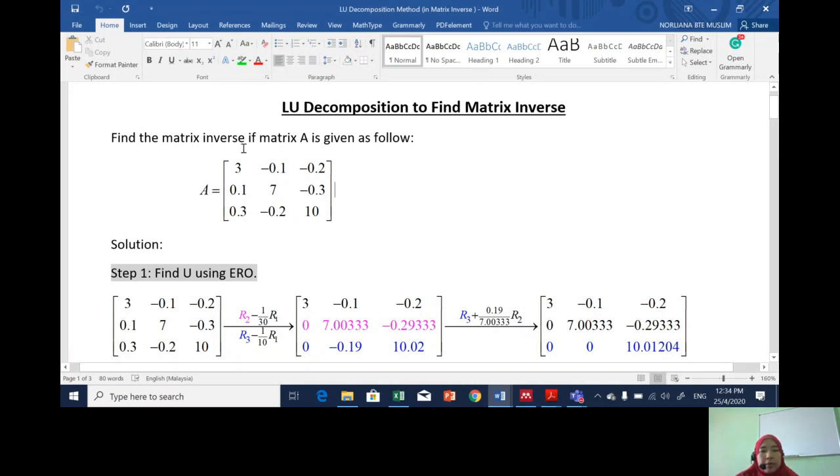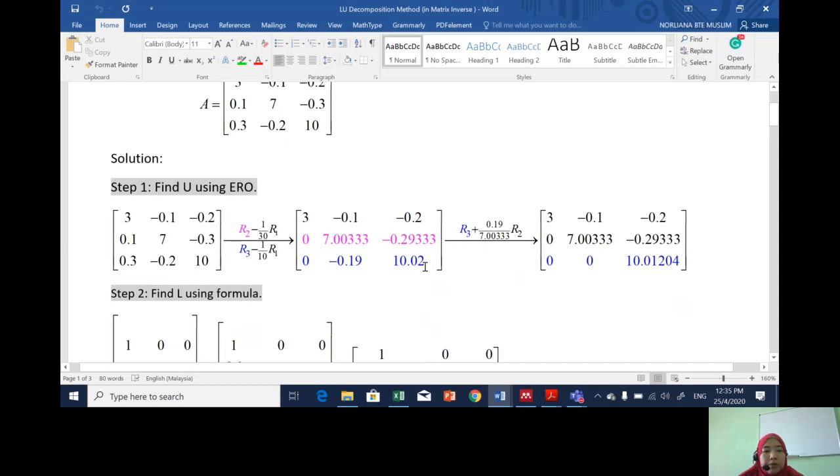This example is based on a 3 by 3 matrix. Please take notes about the steps that I will explain after this. It looks similar to the way we find the solution for simultaneous linear equations, but this time we use the matrix inverse. In the first step, we write down the original matrix A on the left-hand side and find the upper matrix, U, using ERO, elementary row operations.